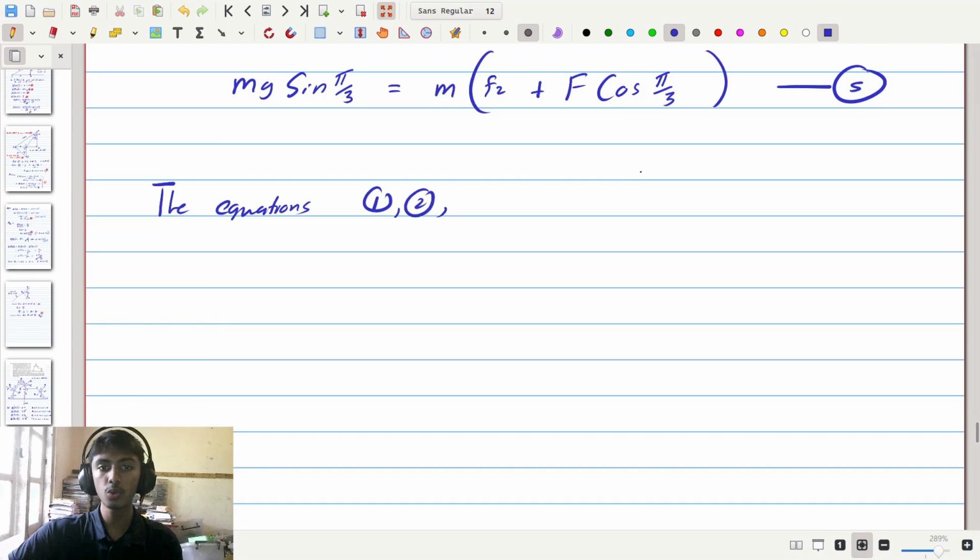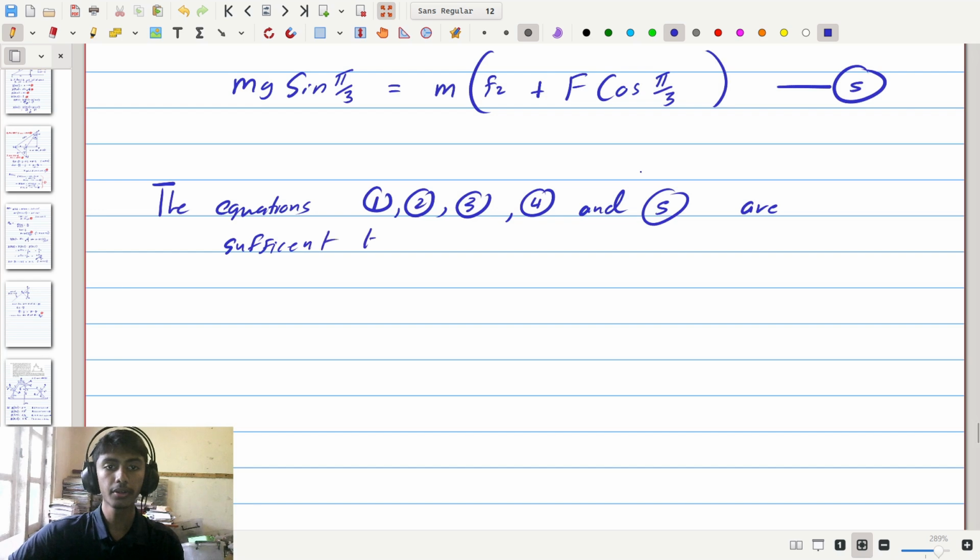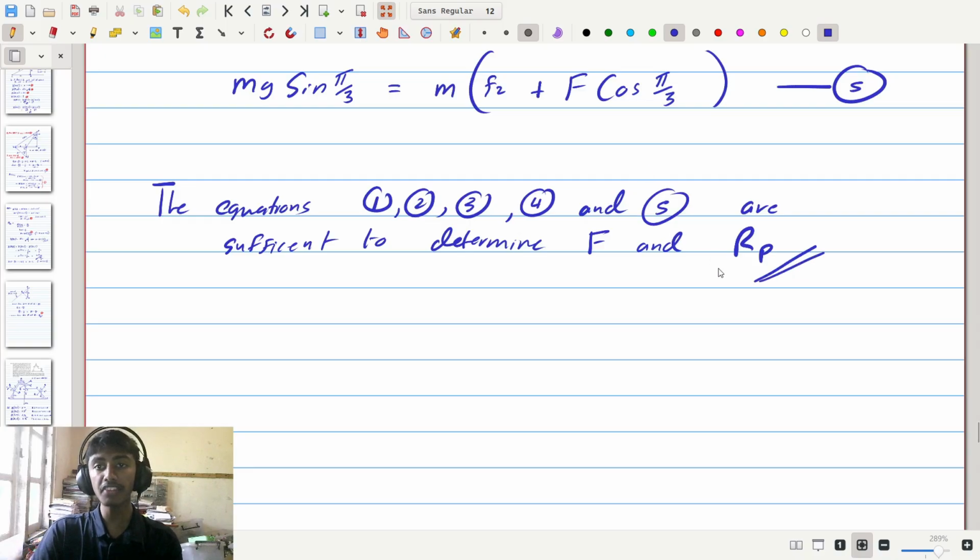So we can say finally that equations 1, 2, 3, 4 and 5 are sufficient to determine F and R sub p, and that is actually all we have to do.